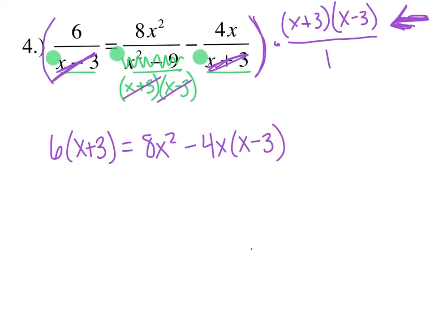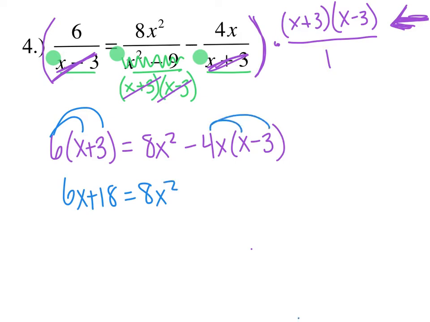So multiply that 6 in there. So 6x plus 18 equals 8x squared minus 4x squared plus 12x. Okay, so now we're going to have to just move everything over to the right-hand side. So I'm going to move my 6x and my 18.